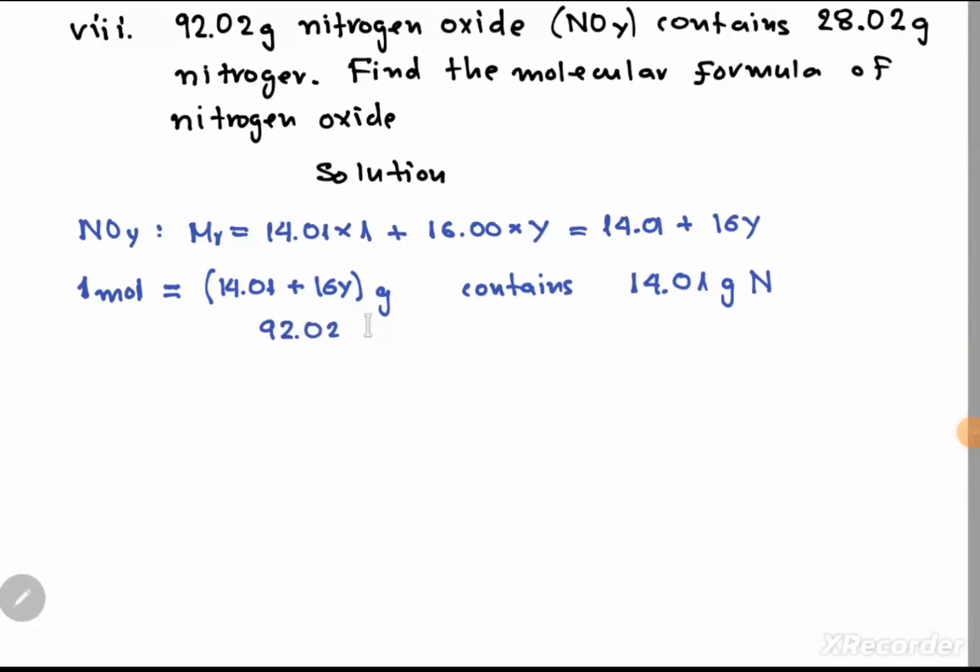Also, we know that 92.02 contains 28.02 grams nitrogen.